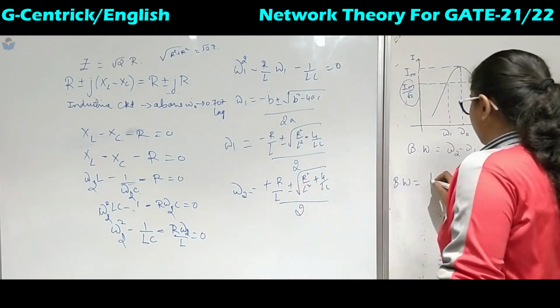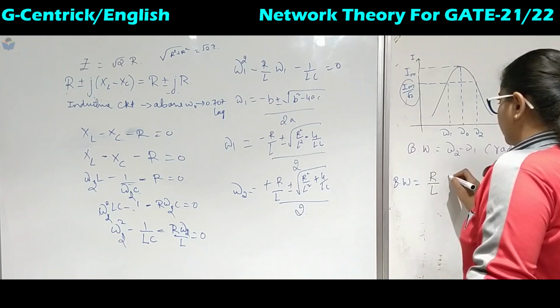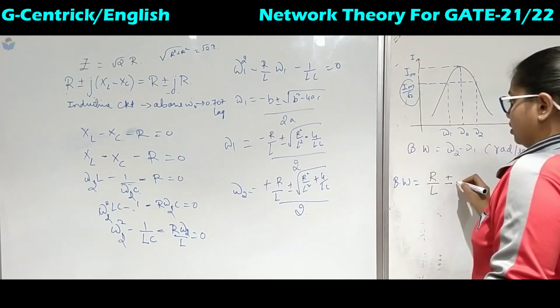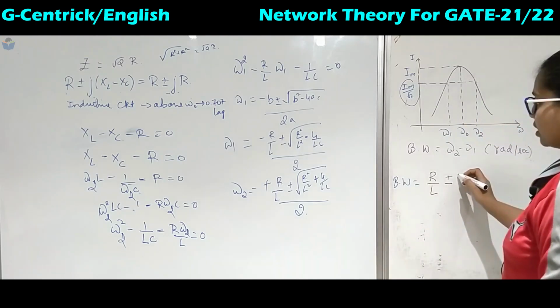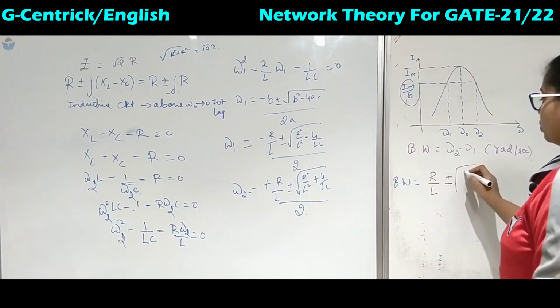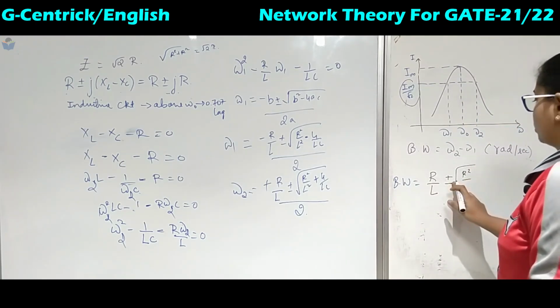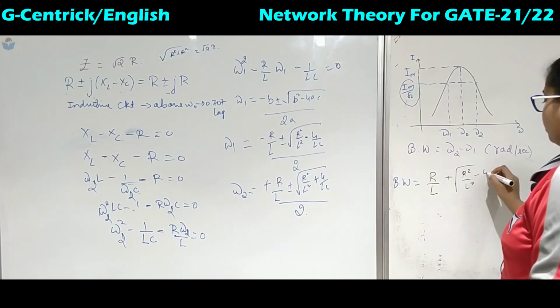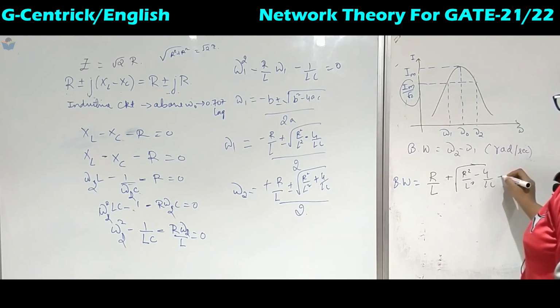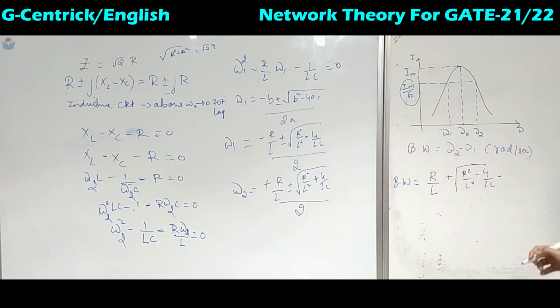Omega 2 is R by L plus root of R square by L square plus 4 upon LC, and the other, omega 1, has minus.